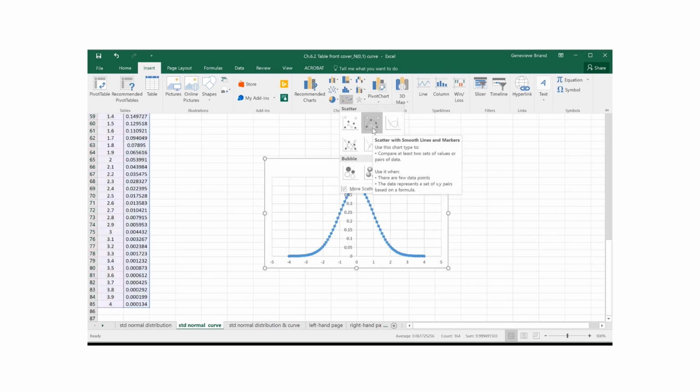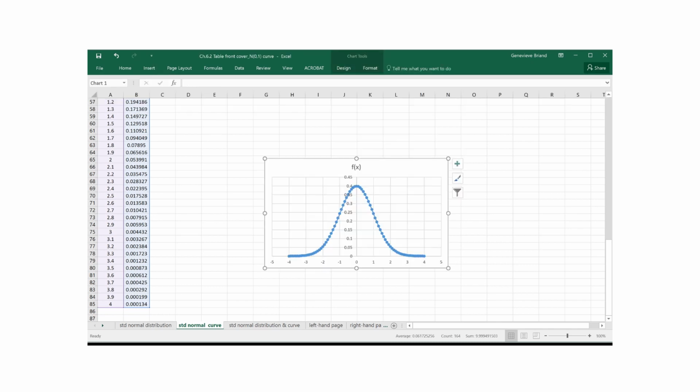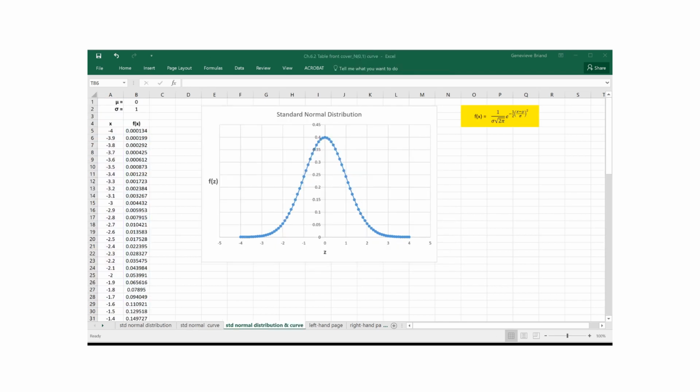Yes, here we go. We get our bell-shaped curve symmetric around its mean. So it is this formula that gave us this shaped curve. We relabeled our axes z and f of z since we are looking at the standard normal distribution with mean equal 0 and standard deviation equal 1.